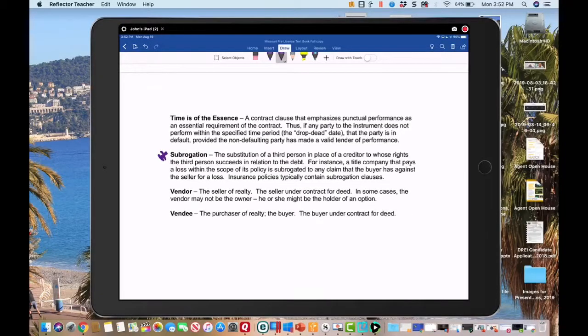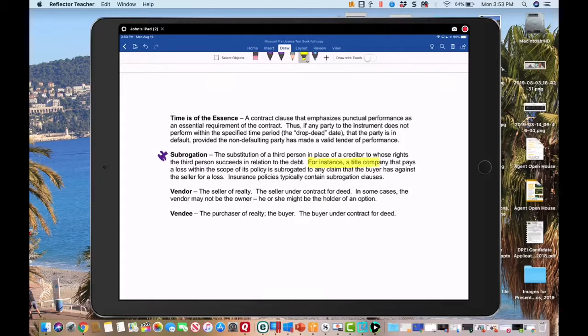You allow them to be substituted into your shoes so they can go sue the other party and get their money back. I know that sounds like a lot, but just remember, subrogation, substitution of a third party. Try to put the insurance perspective in there where the insurance company can go and try to get their money back.